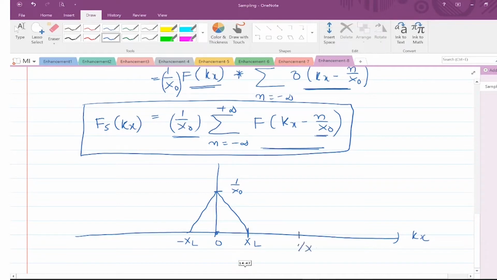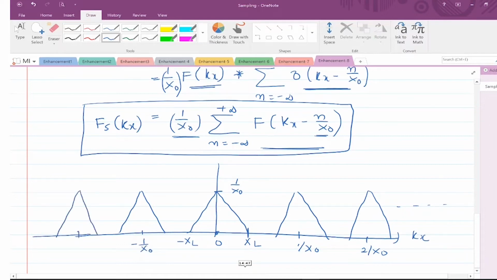So here, at 1 by x naught, one copy is placed. Similarly at 2 by x naught, another copy is placed, and so on and so forth. And on similar lines on the negative axis as well, where this is, let's say, minus 1 by x naught, minus 2 by x naught, and so on. And this is your fs of kx, correct?